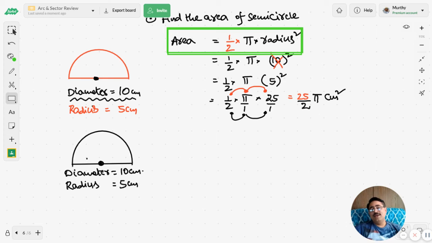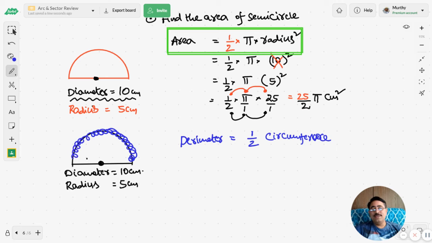Therefore, the circumference of a semicircle, you say, is just half the circumference of a circle. The perimeter equals half of circumference. You're done. So when you compute half of circumference, you'll be able to find only this one.